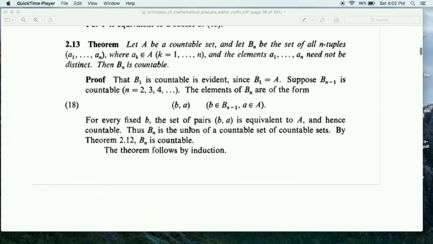In a similar way, we can show that if A is a countable set and B_n is the set of all n-tuples (a1, ..., an), where the ak's belong to A, which in analogy to the Euclidean notion can be written as A to the power n, and the elements a1 to an need not be distinct, then B_n is countable.